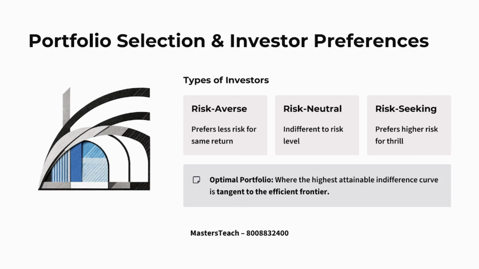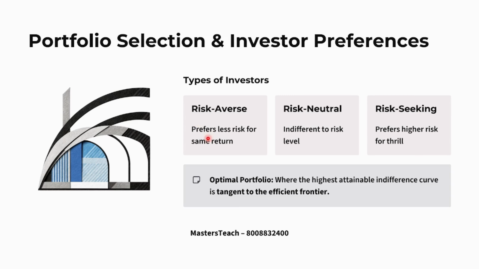Okay, portfolio selection and investor preference. So risk averse, risk neutral, risk seeking. This you have to remember. Different investors have different attitudes. When they ask the question on types of investor, you have to write risk averse, risk neutral, risk seeking.